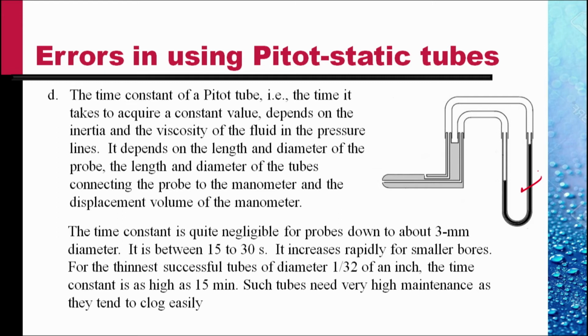It is not uncommon to use tubes of size 1/16 of an inch, about 1.5 millimeters in diameter. And so we have to wait for considerable time to take readings from such tubes. Such tubes also need very high maintenance, as they tend to clog easily because of the dust in the moving fluid.